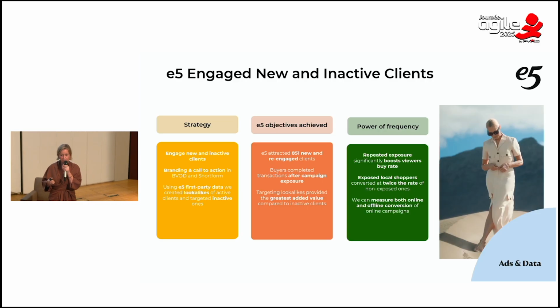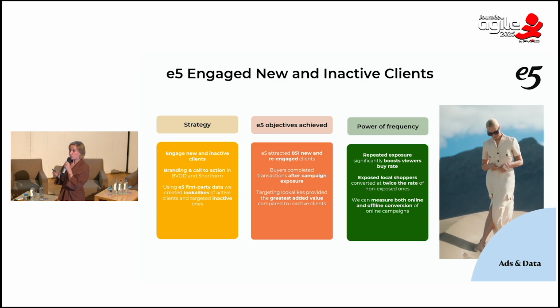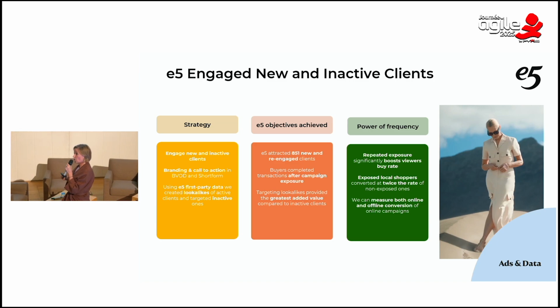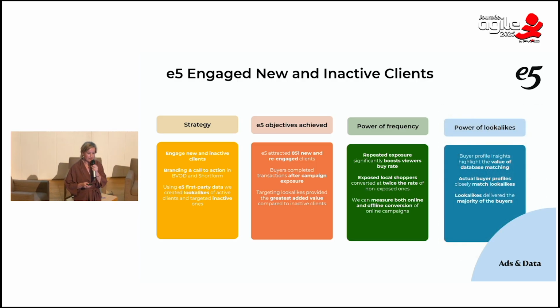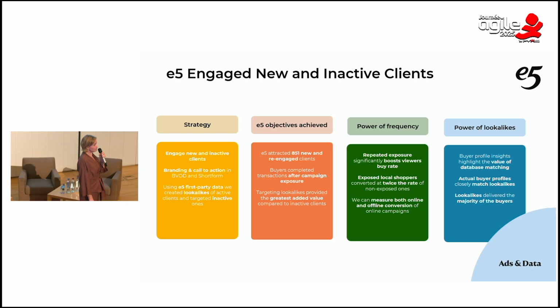And of course, with closed loop measurement, we are able to measure the online conversion on the web shop, but also the offline conversion, so what result it has in the physical shops. And something we found out also with the other use cases is that the lookalikes we had created were really very performant, which means that the actual buyers closely matched the lookalikes.